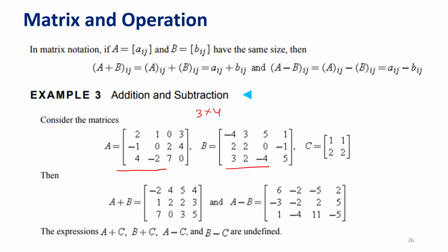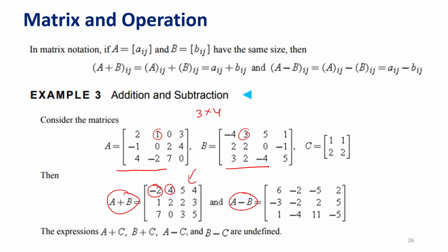When we calculate A plus B, it will be like this. For example, this one, minus 2, is equal to 2 plus minus 4. And this one, 4, is equal to 1 plus 3. You can calculate the rest of it.